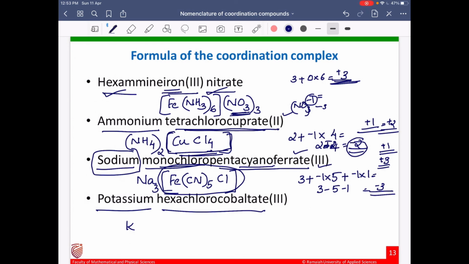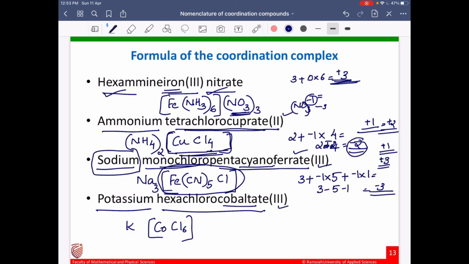So hexachlorocobaltate 3 requires the central metal, cobalt. Hexachloro means Cl6. We are not done yet; we have to find how many counter ions are present, so we find the charge of this anion.